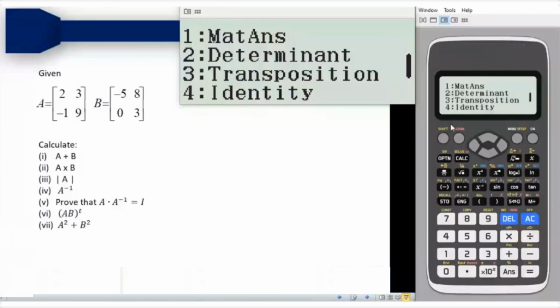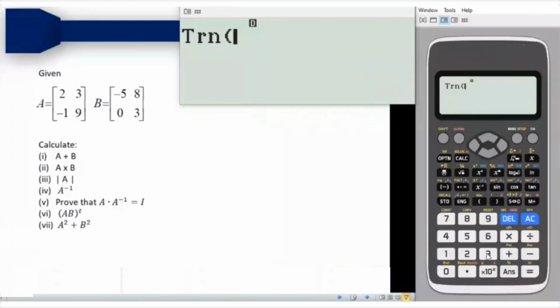So the calculator is asking me, I want to perform transposition on which matrix? The question is to perform transposition on matrix A multiplied by matrix B. But for a minute, I am holding this and instead I'm just transpositioning A, so that you realize that what does transposition actually means.